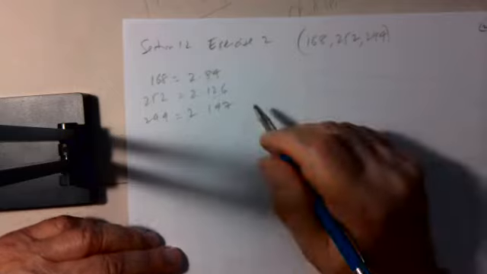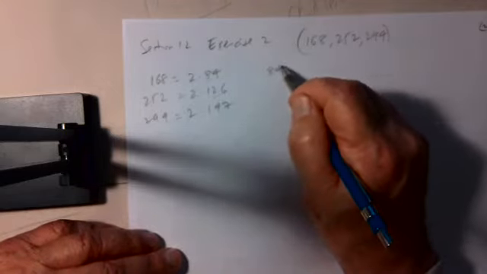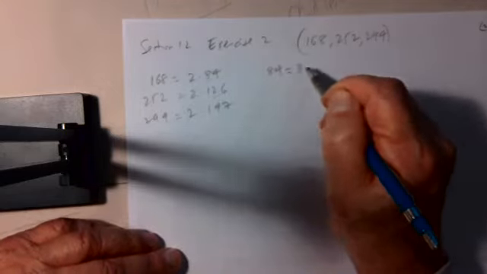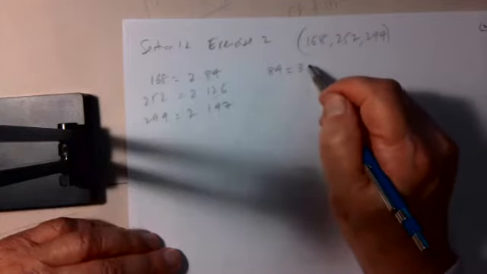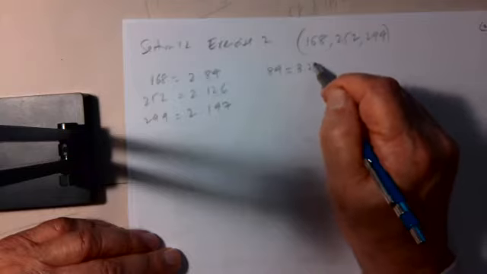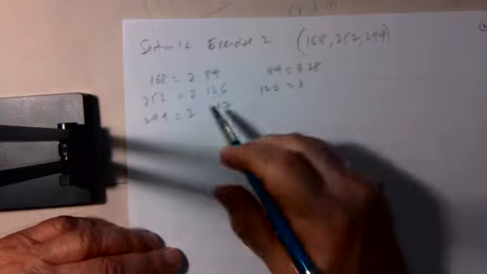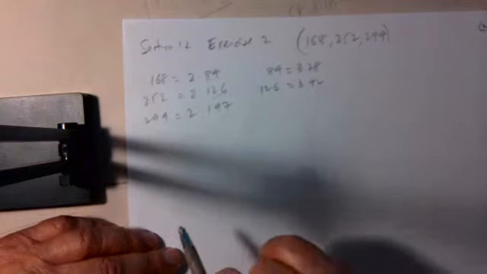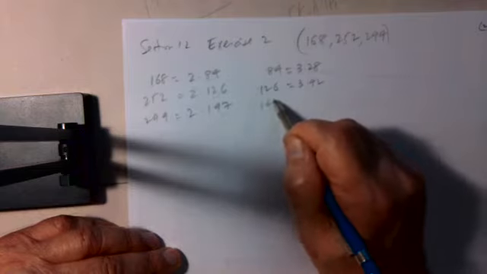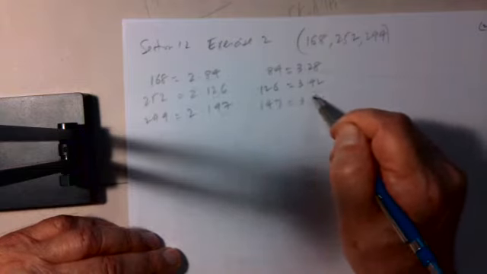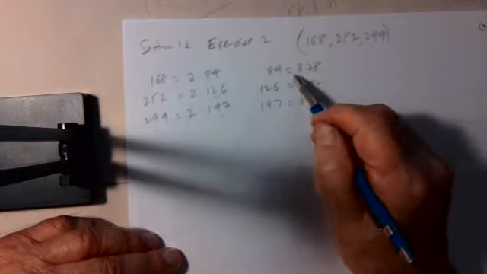Are they divisible by 3? So 84 is 3 times 28. 126 is 3 times 42. 147 is 3 times 49.